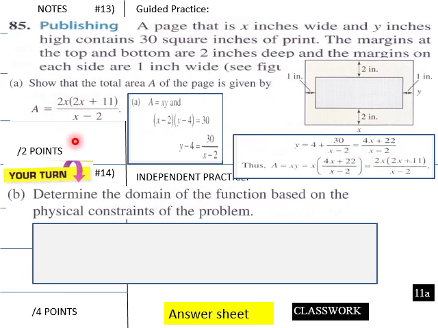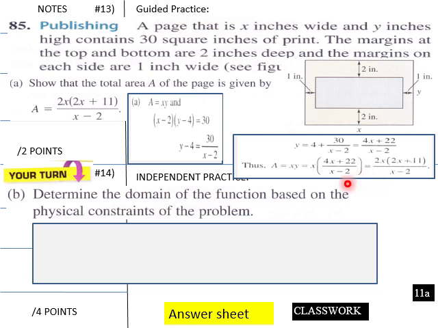Now we're trying to get back to here, remember? So the area equals xy, which equals x times (4x plus 22) over (x minus 2), because this is our y dimension and this is our x.